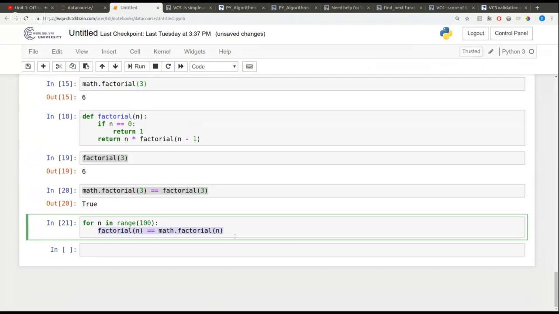Well, I would expect this to return true. I guess it doesn't, because it's within a for loop, and perhaps this for loop essentially doesn't return an output.